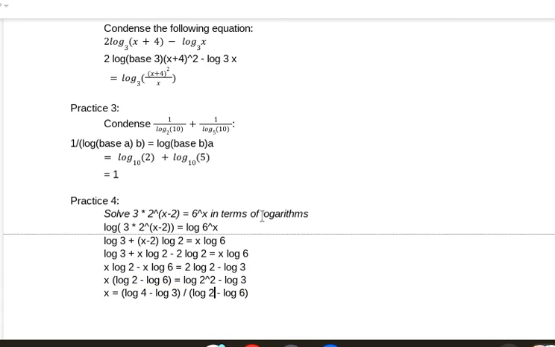We come to our ultimate question. So solve this thing in terms of logarithms.